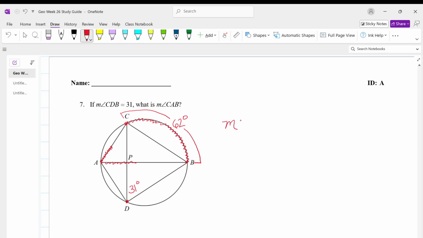So the measure of angle CAB is equal to 1/2 of 62. And half of 62 is 31 degrees.